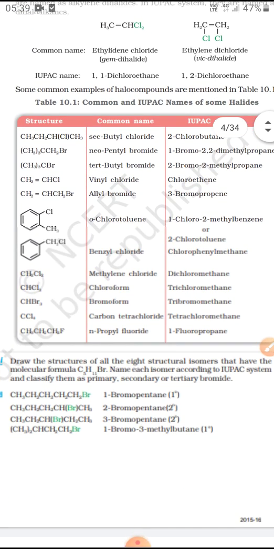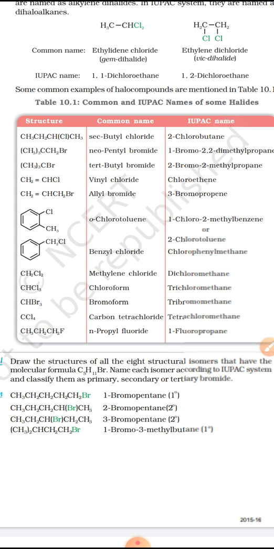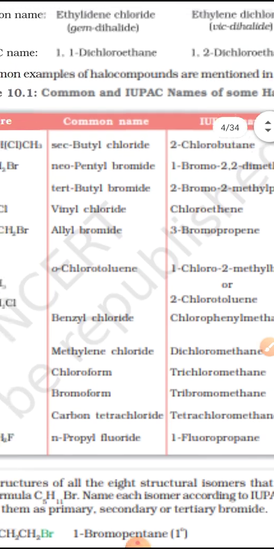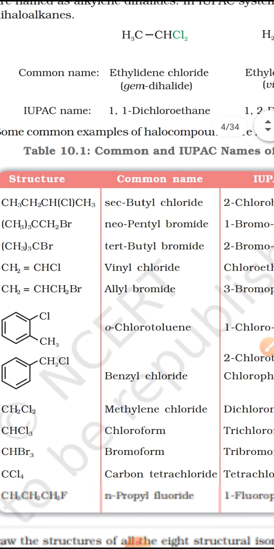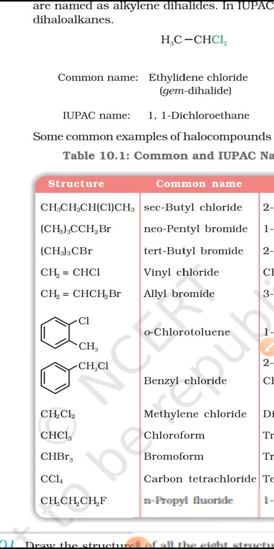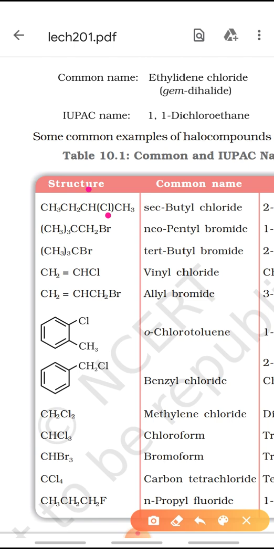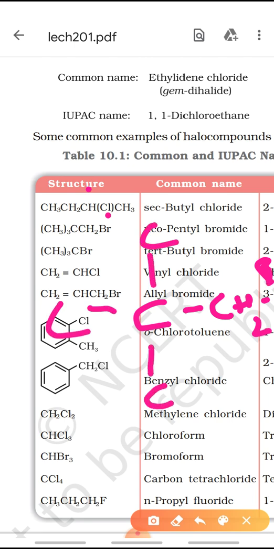Nomenclature we have done. Other examples we can discuss, for example the first compound, in which chlorine is attached on the second carbon, so it will be 2-chlorobutane. Similarly, for this compound, if you extend this and write, this carbon is attached to CH2 and it is attached to Br, and this carbon is further attached to 3 CH3 groups.